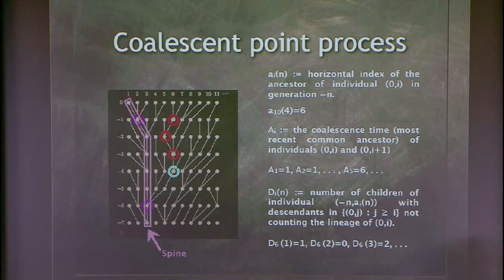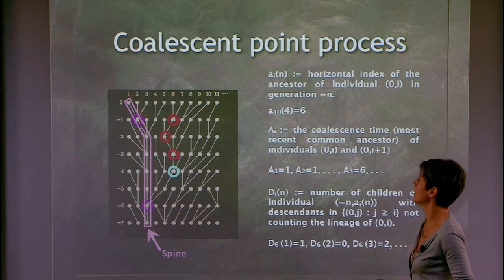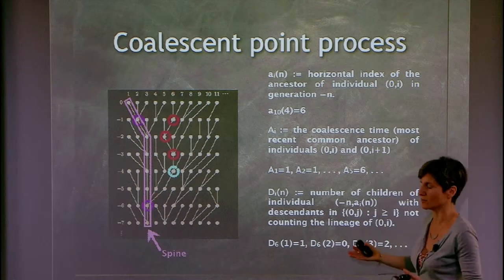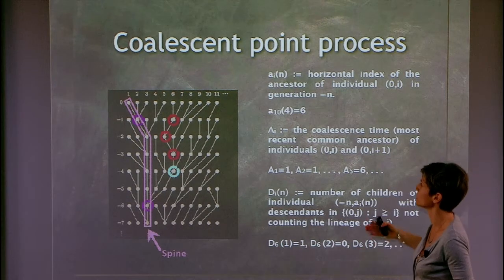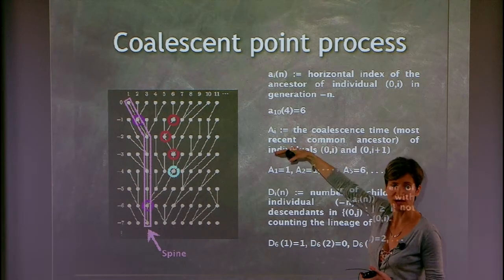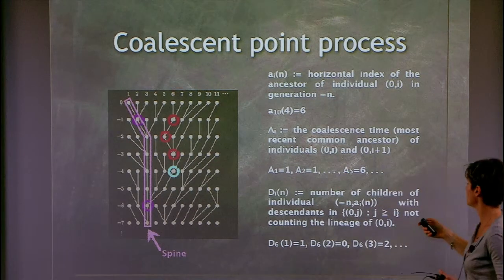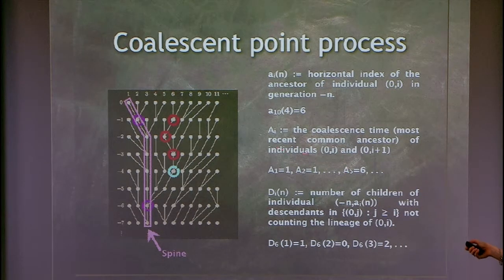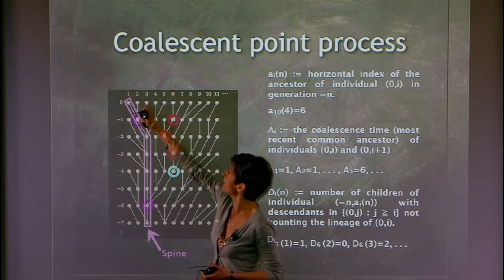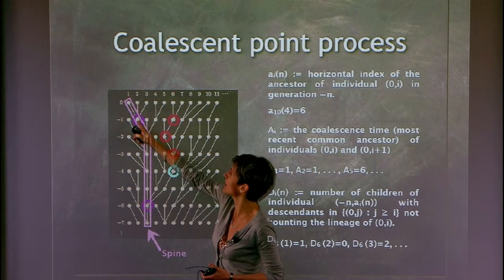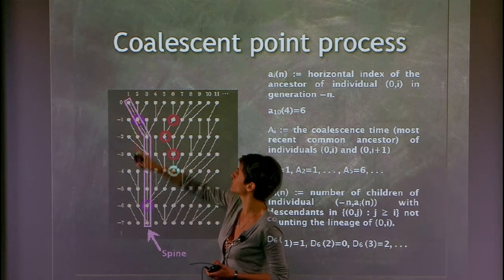So the quantities that you are interested in if you're building a phylogeny is essentially the depths at which you attach the different types. So if you think about this quantity AI, that's the coalescent time. So when I have individual 2, its coalescent time with the previous individual is only 1 depth.